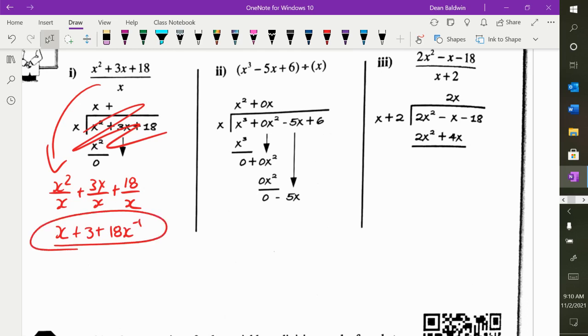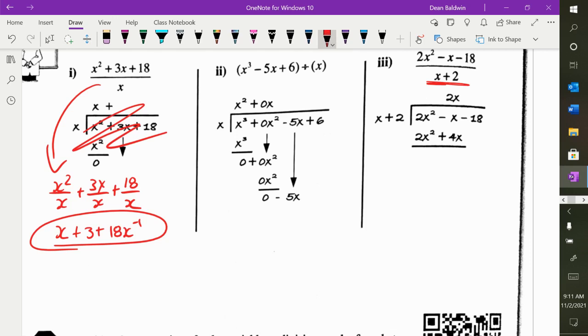You can't really do anything with the last term. But that's faster than doing long division. So if you have a single denominator like that, a monomial, if you will, then just do that. That's much faster. Problem is, most of what we're going to look at is not a monomial. It is a binomial. When you divide by a binomial, you can't do that. You have to use long division.